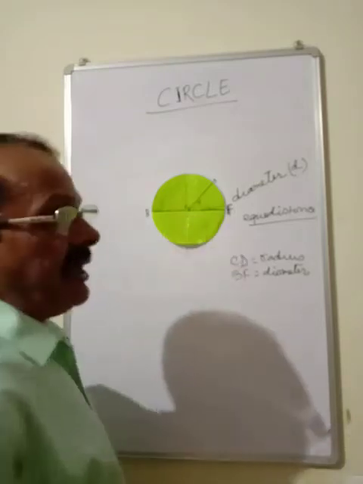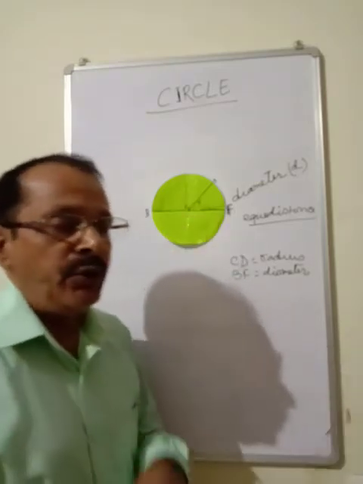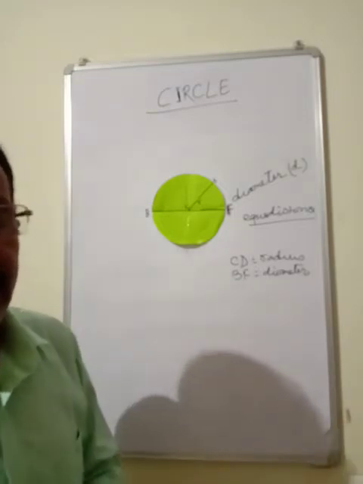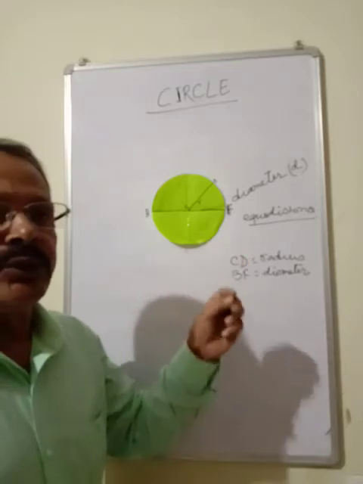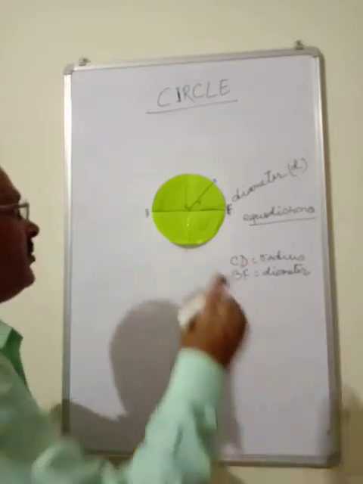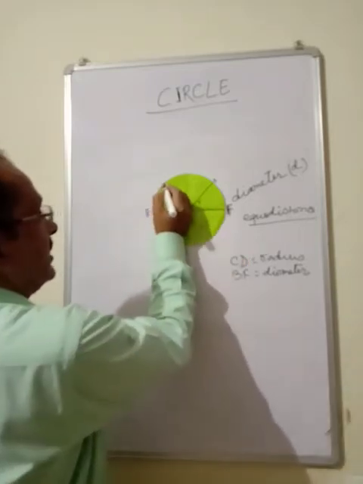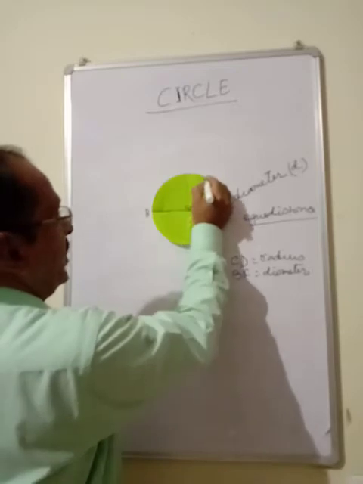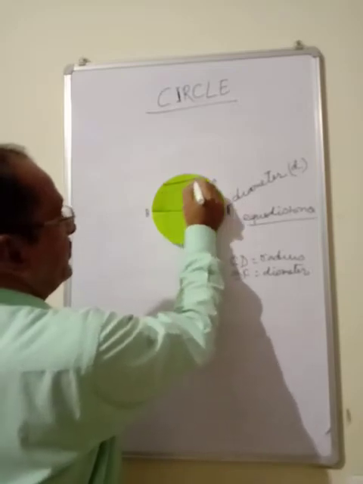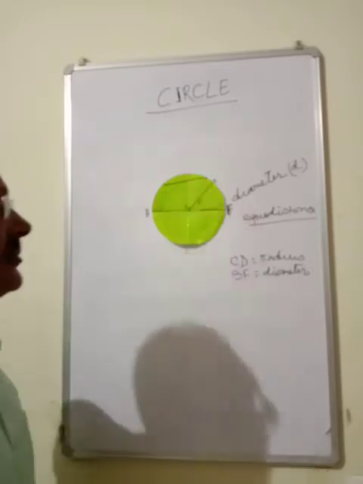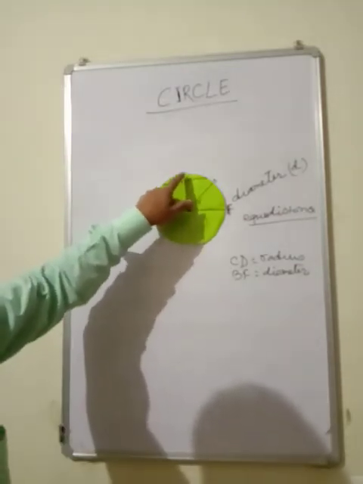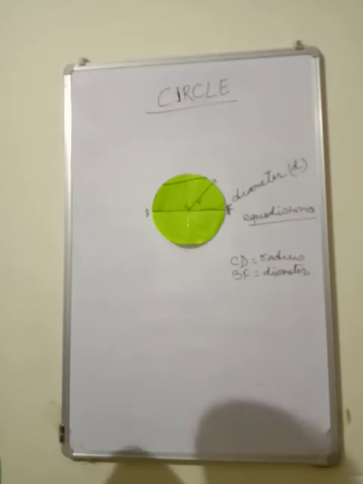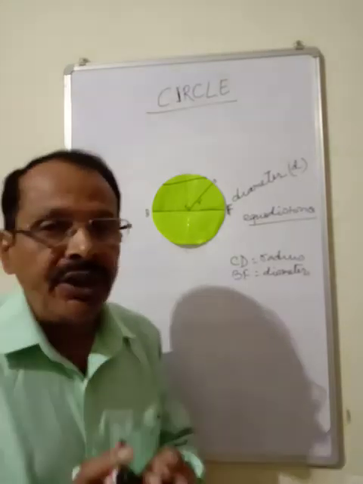Now if we take any two points on the circle and join them, what happens? This line segment also divides the circle into two parts, not equal parts.